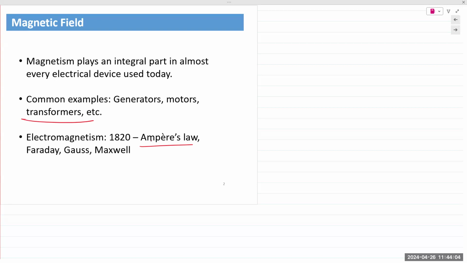A common example I like to use is your smartphone, if it's capable of wireless charging. If you have ever placed a smartphone with wireless charging capabilities on a wireless charging plate, you are using the phenomenon of mutual inductance. Your smartphone on the back has a coil. That coil is an inductor. It has a magnetic field. You place it on a wireless charger.